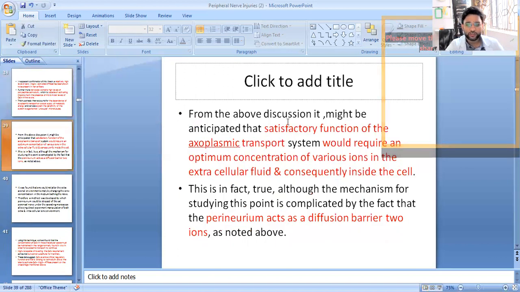From the above discussion, it might be anticipated that satisfactory function of the axoplasmic transport system would require an optimum concentration of various ions in the extracellular fluid and consequently inside the cell. This is in fact true, although the mechanism of studying this point is complicated by the fact that the perineurium acts as a diffusion barrier to ions as noted above.